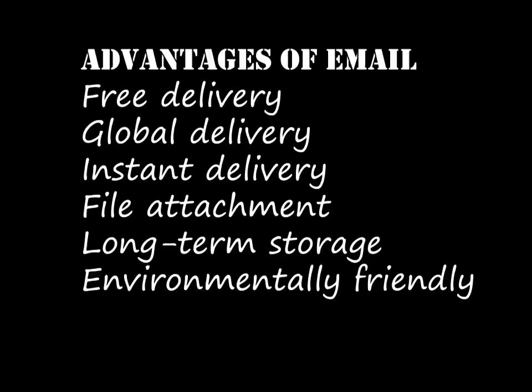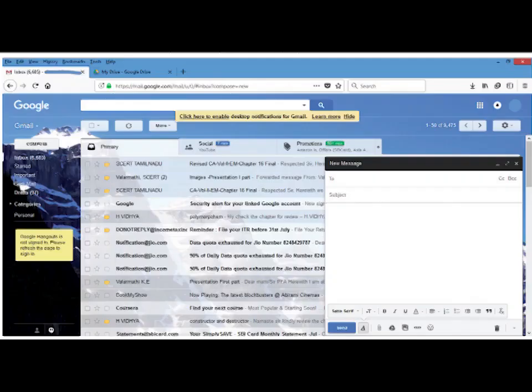What are the advantages of email? Free delivery, global delivery, instant delivery, file attachment, long-term storage, environmentally friendly, right? And then we have seen the structure of email. In the structure, we have seen the to field, from field, subject field, CC, carbon copy, BCC, blind carbon copy, and finally the message body, right?